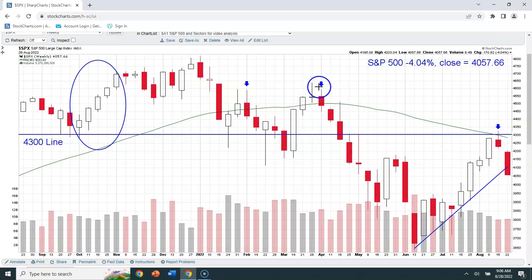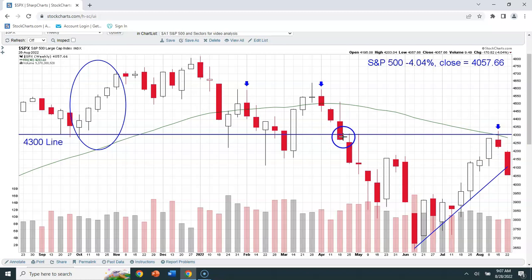And yes, you can penetrate it for a couple of weeks and still fail. So another important lesson: just because we get back above that 40-week moving average doesn't mean we're completely out of the woods. It's a good sign, it's a starting point, but it doesn't mean we're out of the woods. But this last attempt, we didn't even close one week above the 40-week moving average, nor one week above 4,300.